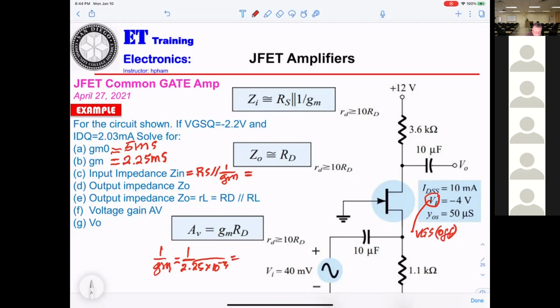Okay. So 1.1 times 0.44, divided by 1.1 plus 0.44.